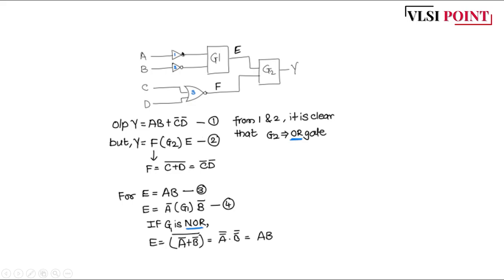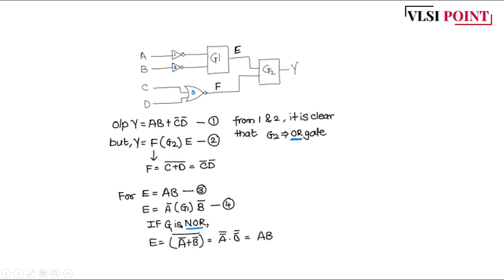E is nothing but A bar, some G1 operation, and this B bar. But in equation number 3, E is AB, and this is A bar, some G1 operation B bar. So those two should be equal.